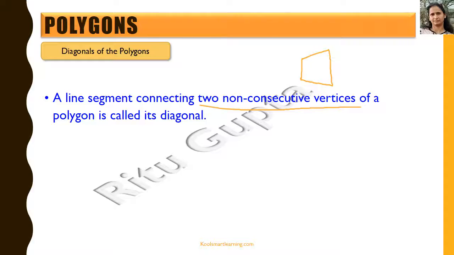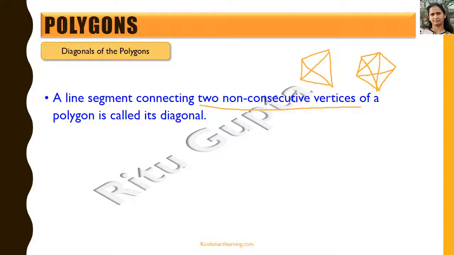If we join the non-consecutive vertices of the polygon, we get the diagonals. Now if we draw a 5-sided figure, again if we join all the non-consecutive vertices, we get the diagonals.